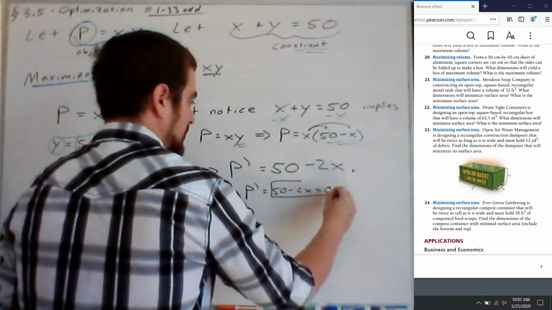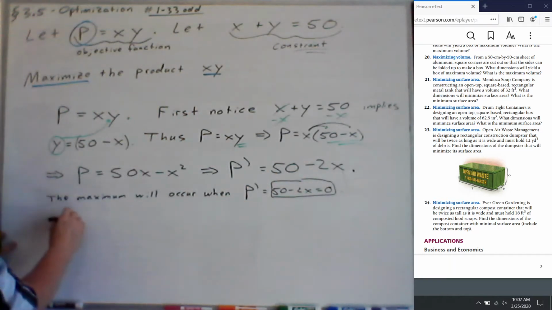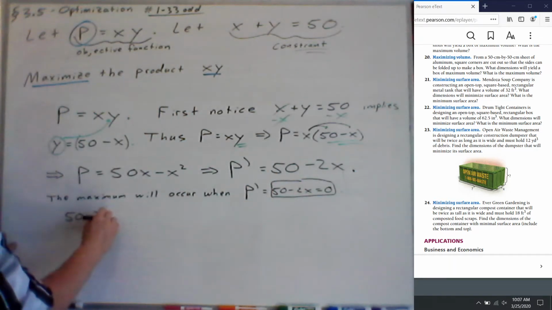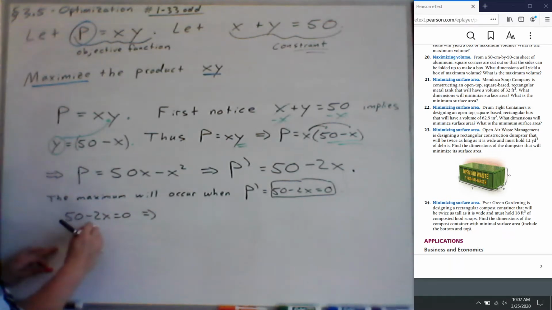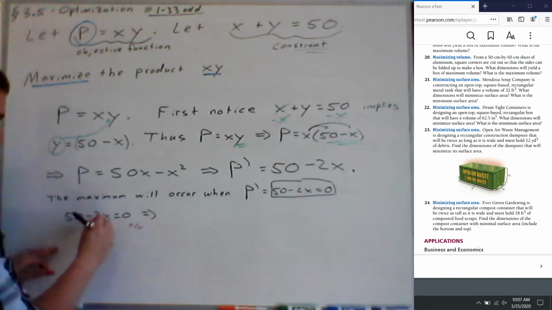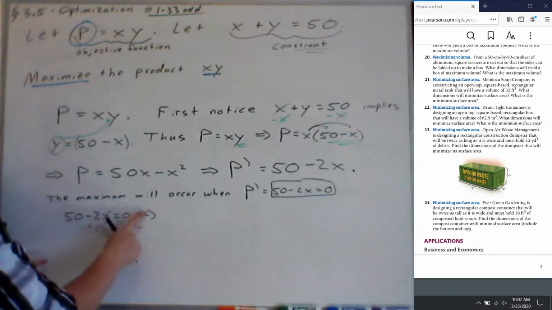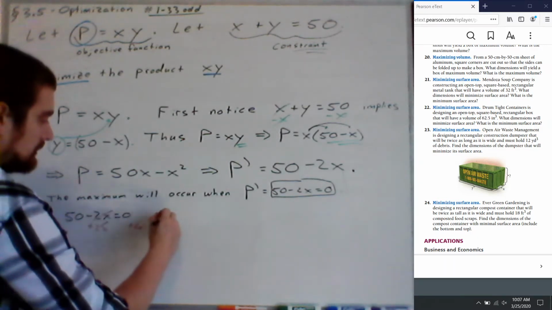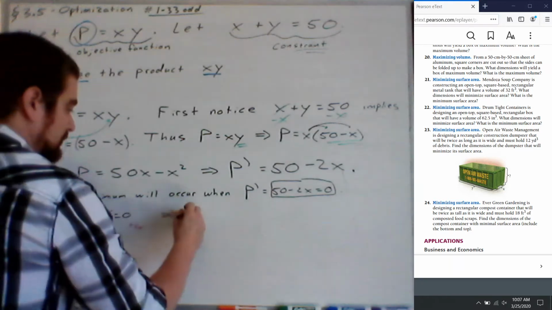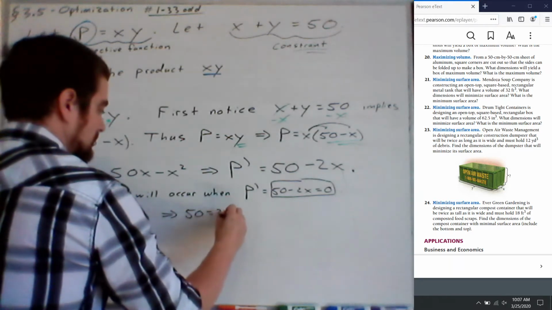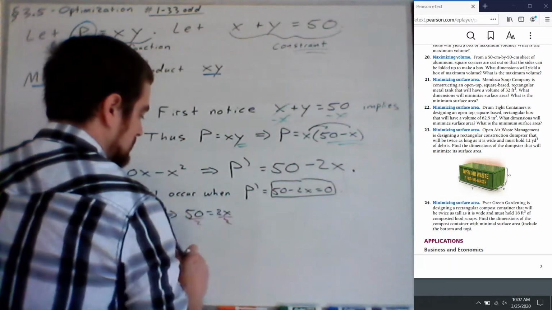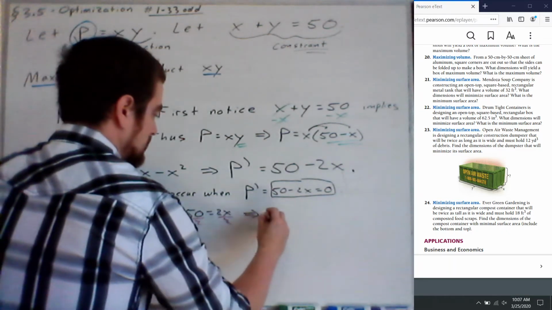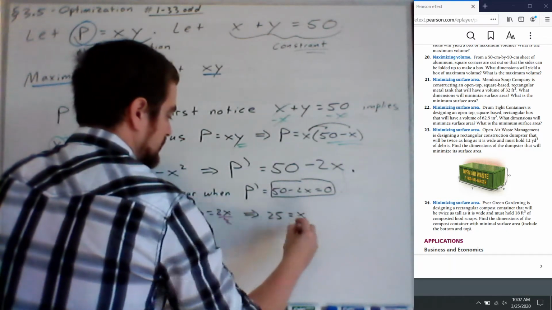So I want to set this equal to 0 and find my critical value. What we can do is add 2X on both sides. This tells me that 50 is equal to 2X, which I can divide by 2 on both sides. That tells me that 25 is equal to X.